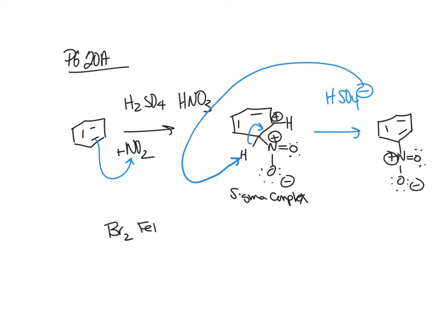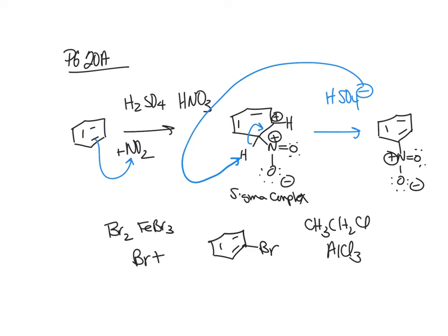Br2 and FeBr3. Then I want to see the Br plus. Everybody seemed to get the answers right, and that wasn't a problem. But the problem people had was that they just wrote the answer. I don't care about just the answer. I want to see, what is your strong electrophile? What does that sigma complex look like?